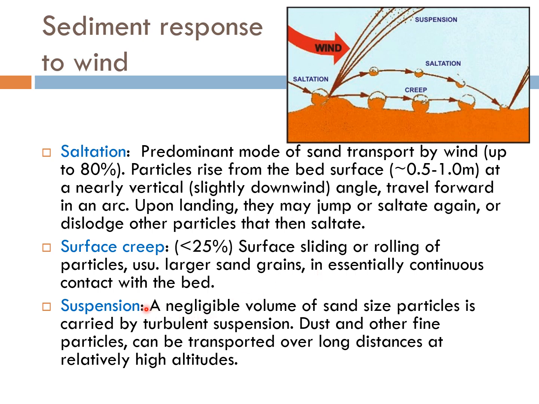Suspension is usually in negligible volume. It involves much finer sand particles, which can be lifted up by the air turbulence and transported over long distance, and it can even be transported at relatively high altitudes.